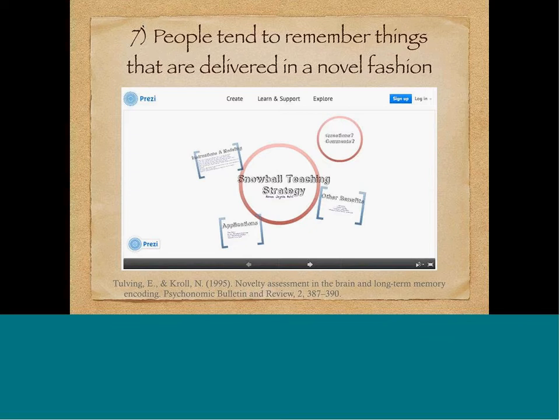As an example, with this Prezi presentation that's up in front of you, you can see the snowball teaching strategy. And the snowball teaching strategy goes something like this. You would have students get out a piece of paper, and you might ask them to summarize the class, or the reading they have seen over the weekend: write down the 3 most important points that you can recall. So 3 things.